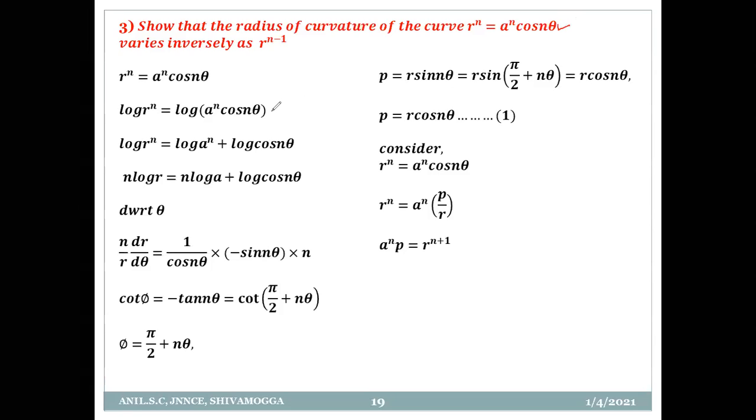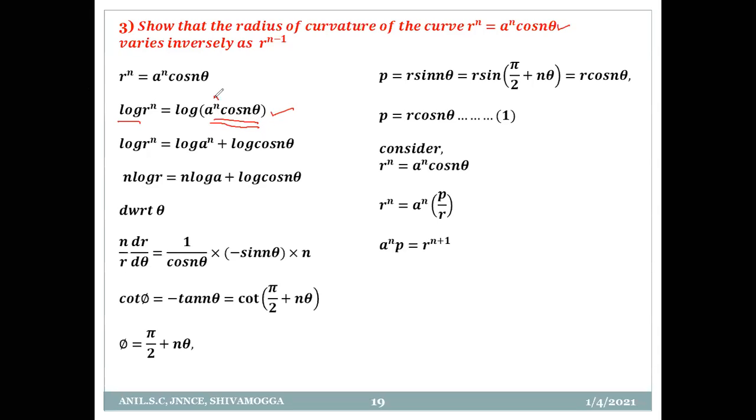Take log on both sides. Log r^n is equal to log (a^n cos n theta).